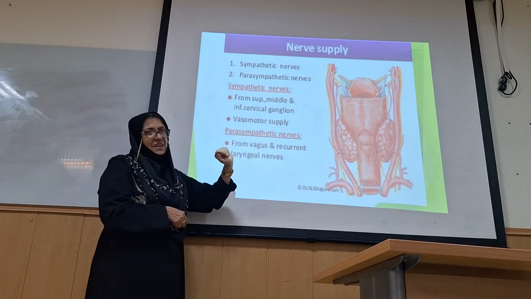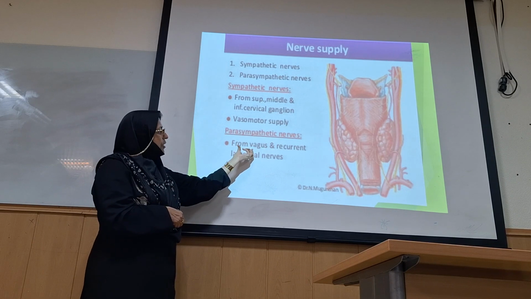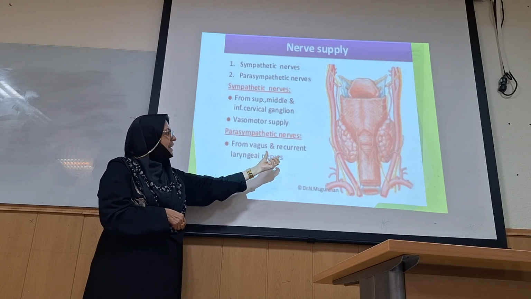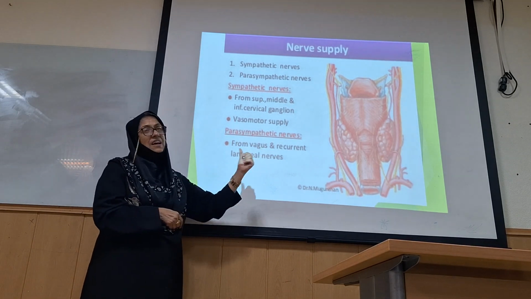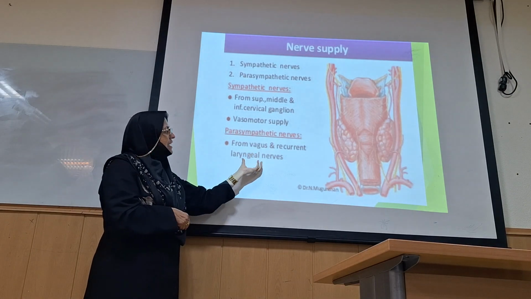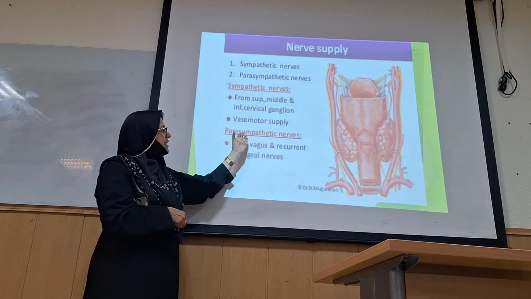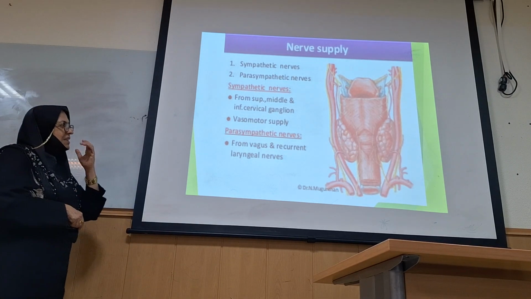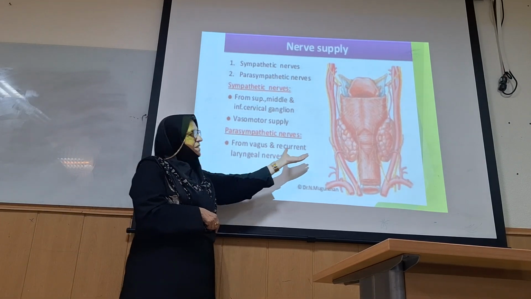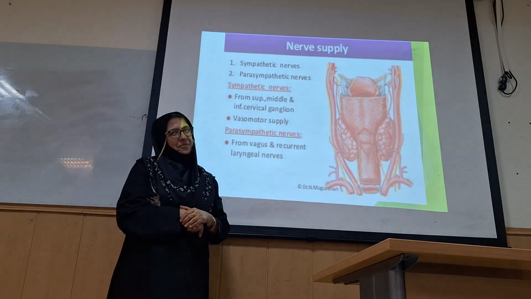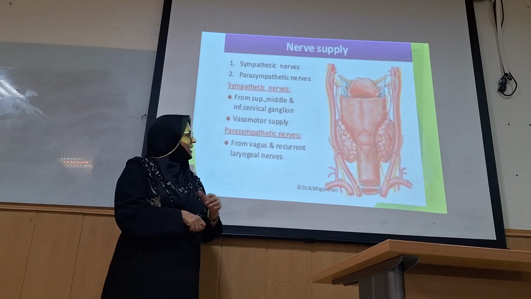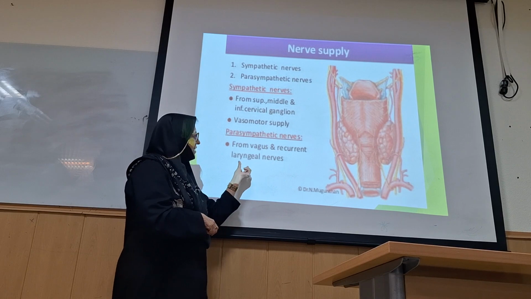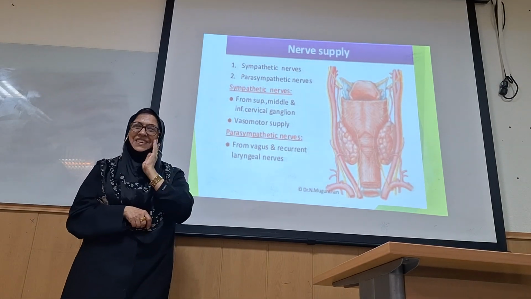Parasympathetic nerves come from the vagus and recurrent laryngeal nerves. These nerves are related to the parasympathetic system and supply the thyroid gland. You see the recurrent laryngeal nerves.